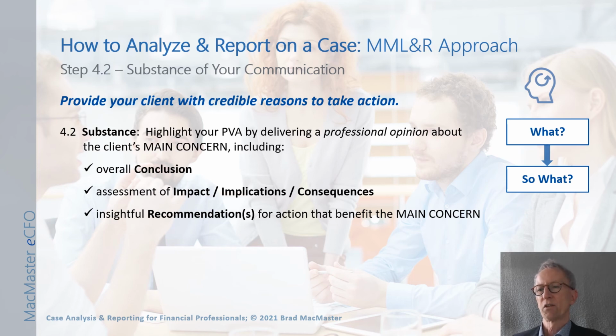You could even offer to accompany them to explain to the lender the viability of your client's plan. And this addresses the now what question in a way that your client ought to be able to perceive your PVA clearly.